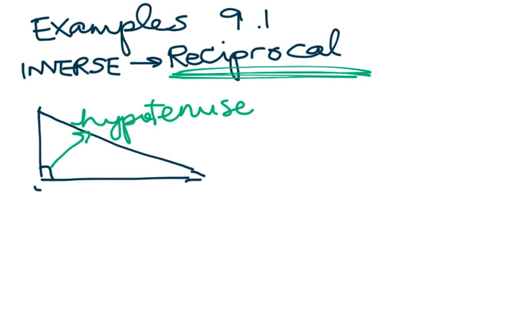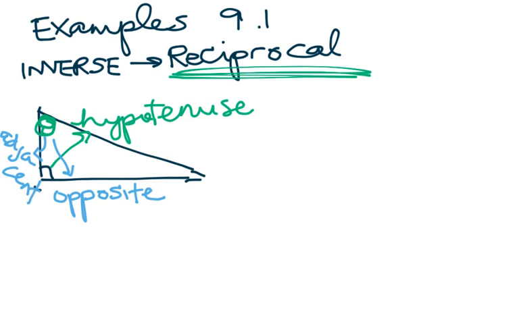So if I say that this angle right here is theta, then from theta, this one over here is opposite. It is completely not touching it. It doesn't form it. This one here is your adjacent because it's connected.